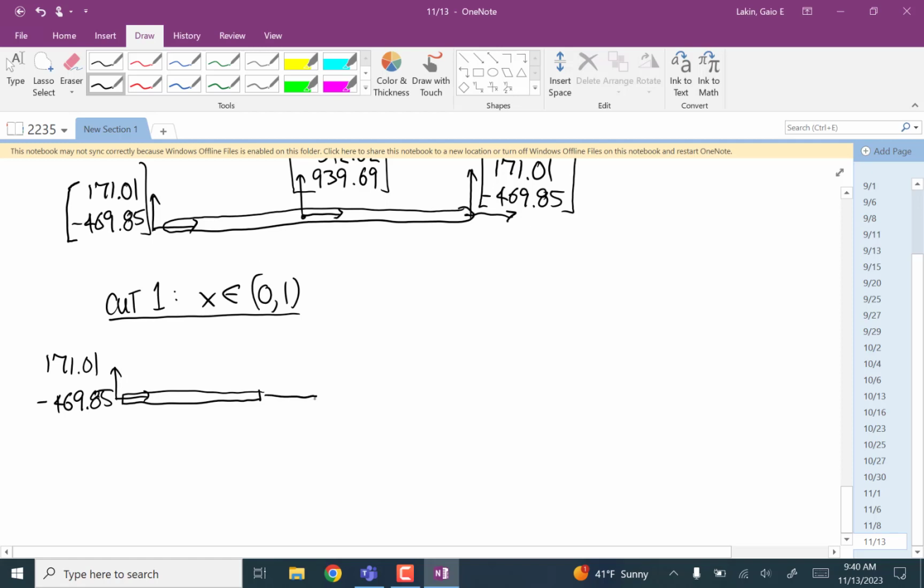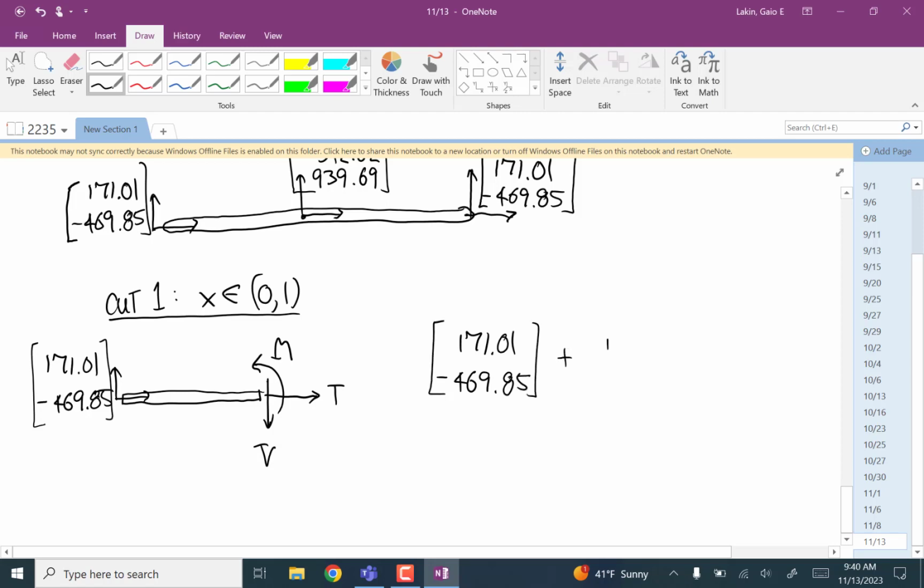And then we haven't gotten to that midpoint yet, so the only other loads we have are T, V, and M. Newton's second law says 171.01, negative 469.85, plus T, negative V, is equal to zero.